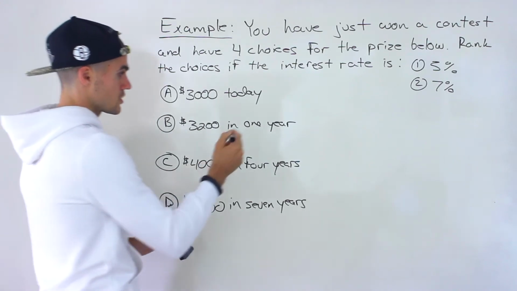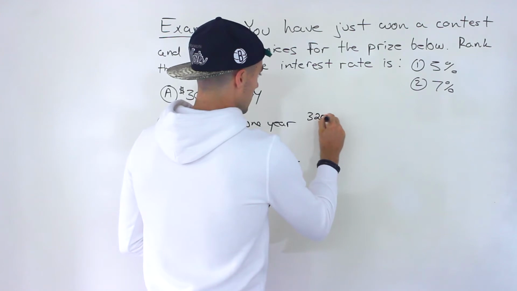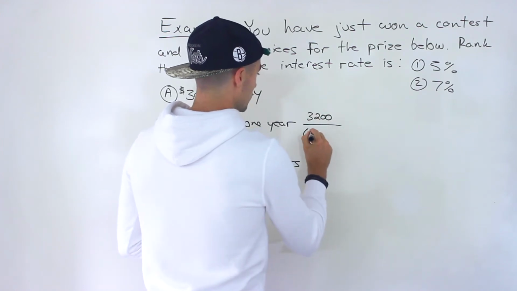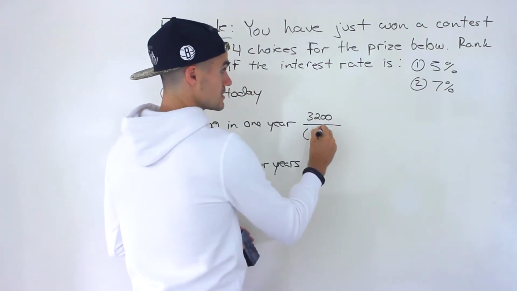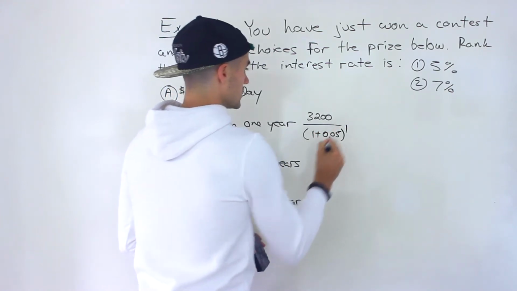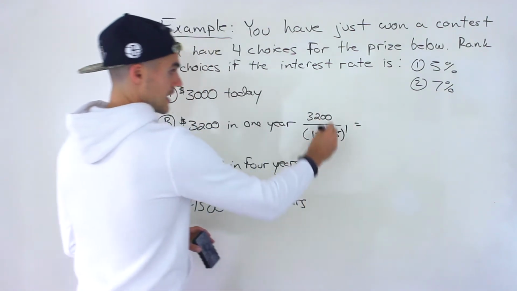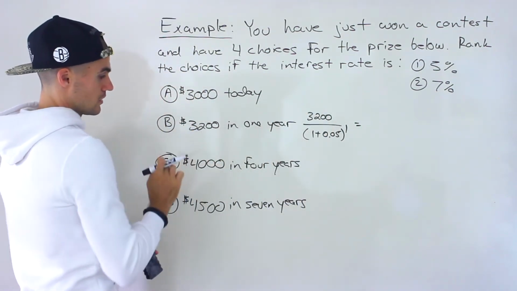financial calculator. So starting off manually, the way we would set this up is we would take 3,200 and divide it, discount it by 1 plus the interest rate, 5%, 0.05, and that would be to the power of 1. Right, so this calculation would give us the present value of this price.